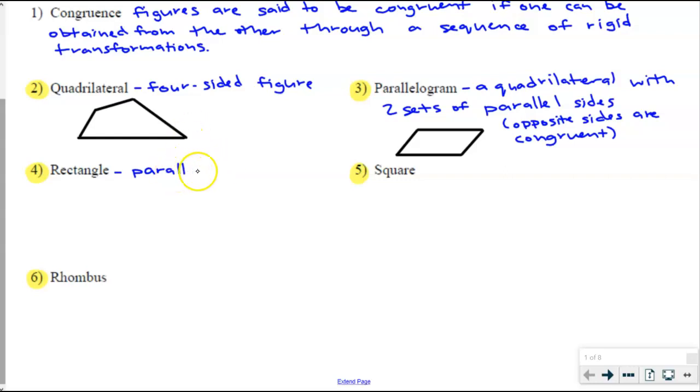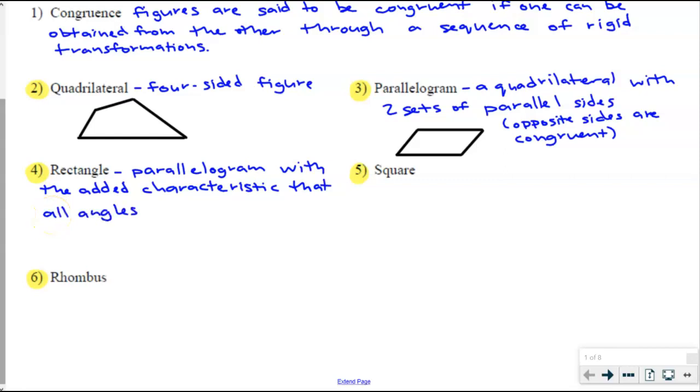So a parallelogram with the added characteristic that all angles are right angles. Yes, Seth, you can say 90 degrees. That's fine. Yep.